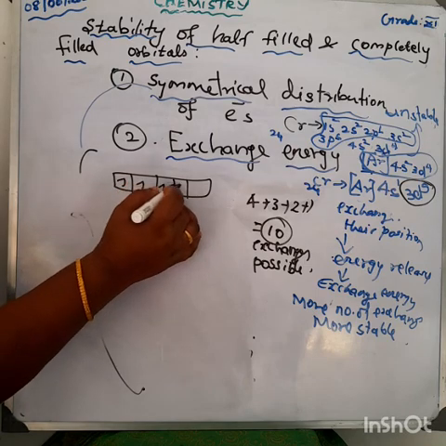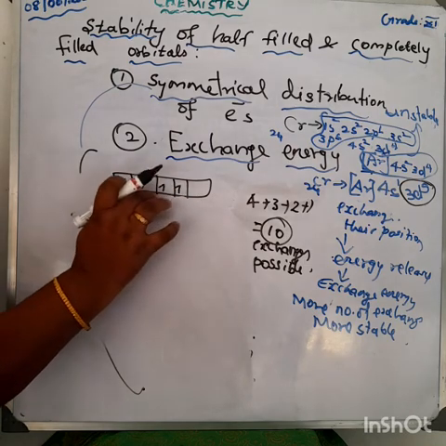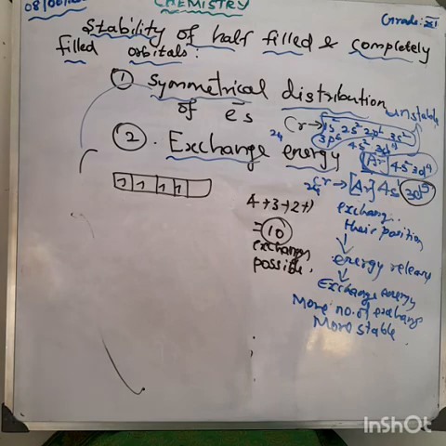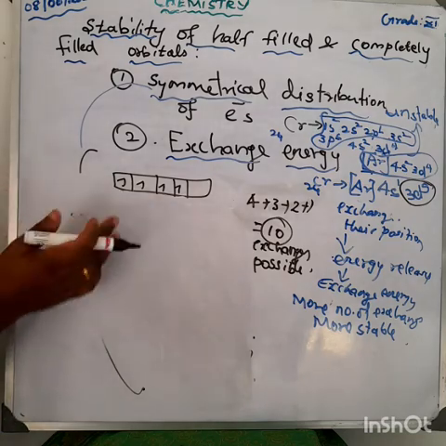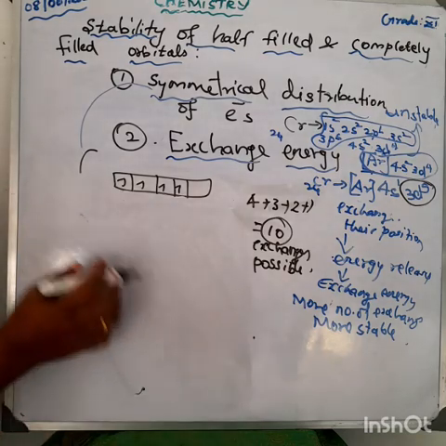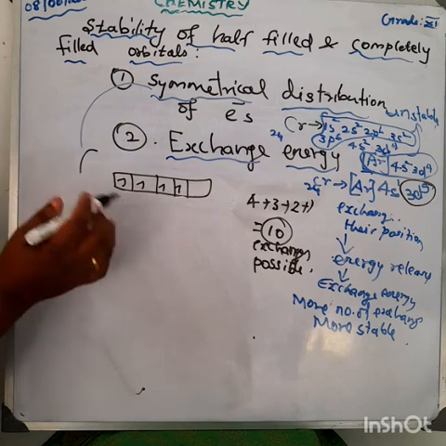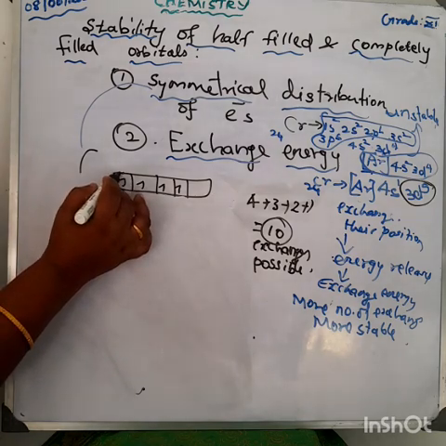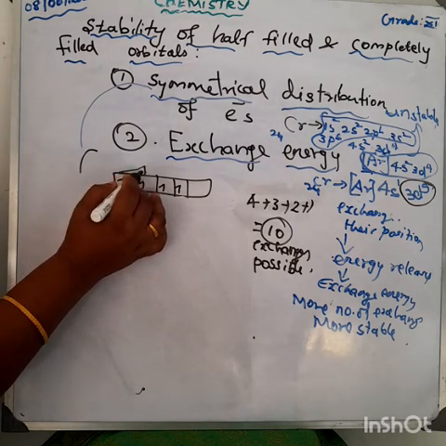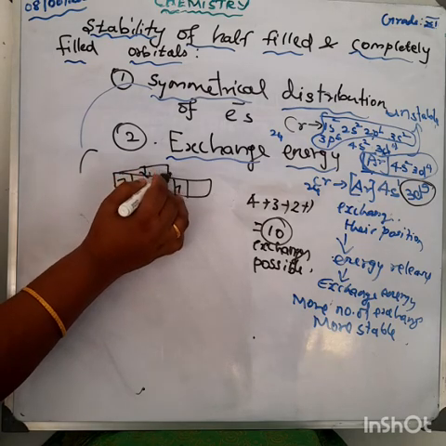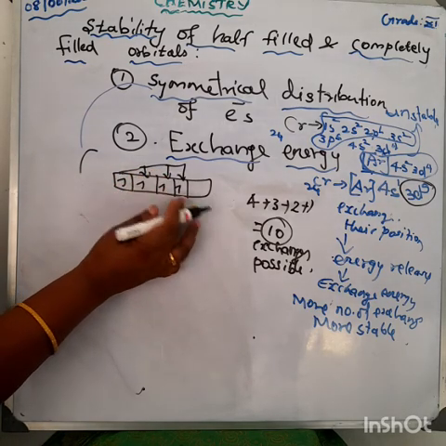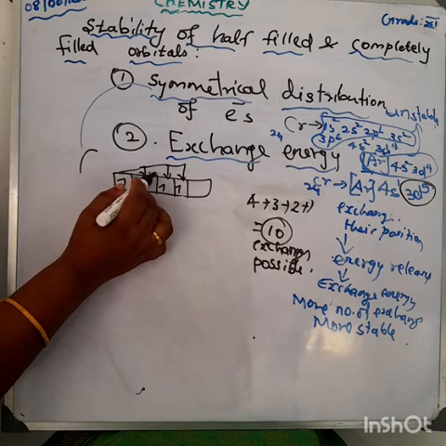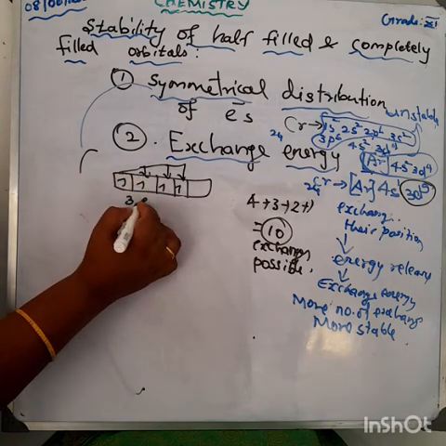This is not equally distributed, so it is not stable. How many exchanges are possible here? Consider this electron; it can exchange its position with here or here. So 3 exchanges are possible.